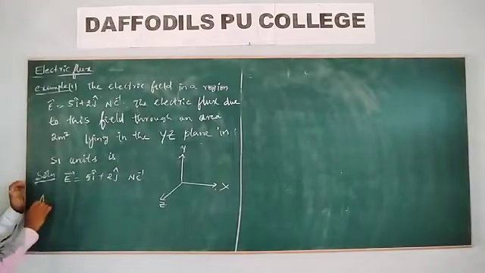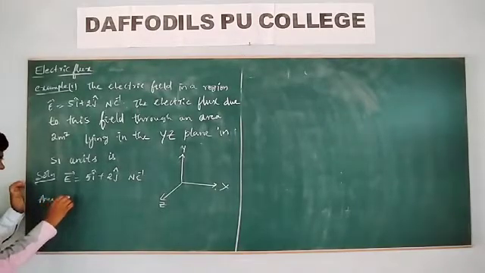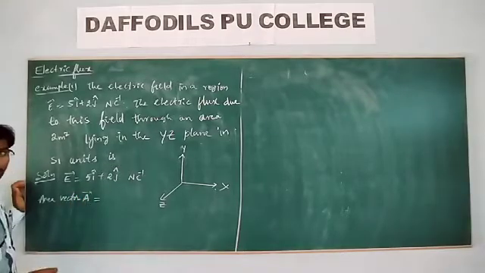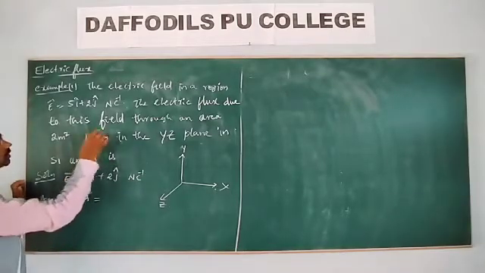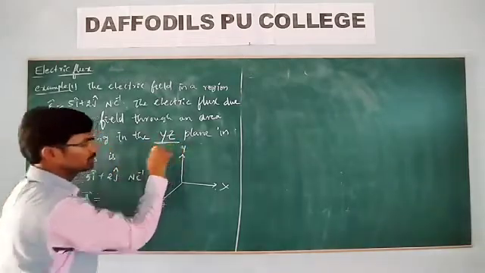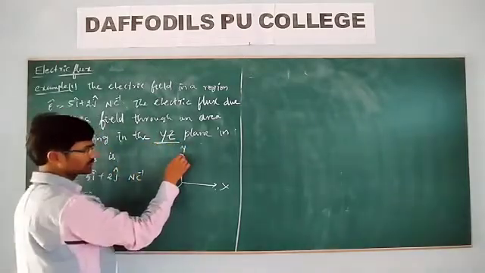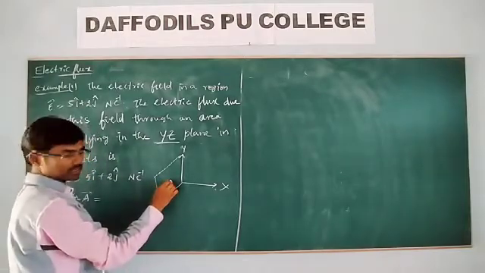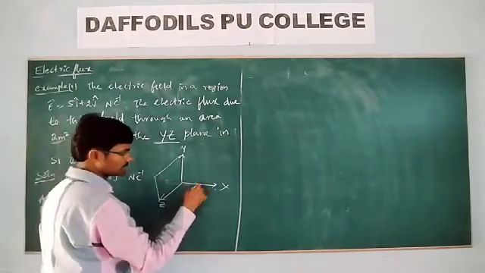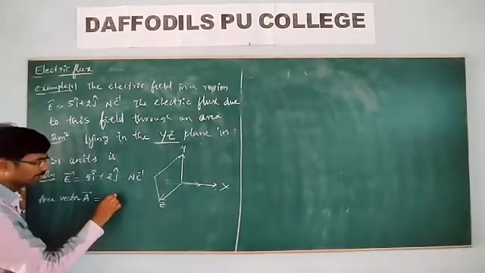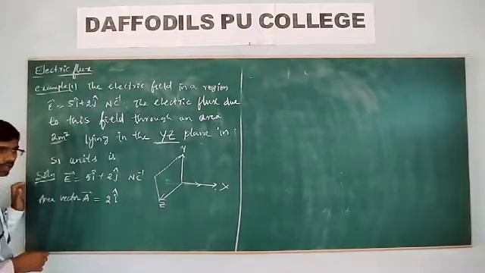Tell me what is the area vector? The area is in the yz plane, so the area vector is along the x-axis. Then we can take A bar equal to 2 i cap.